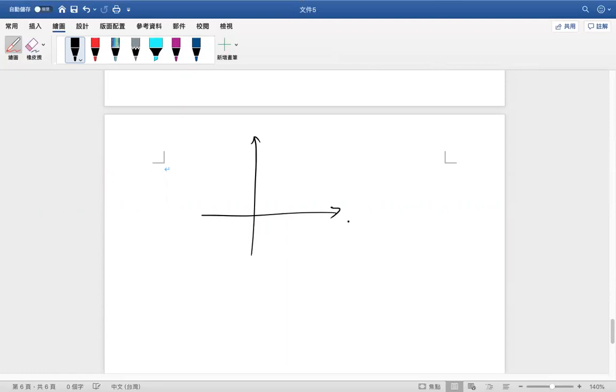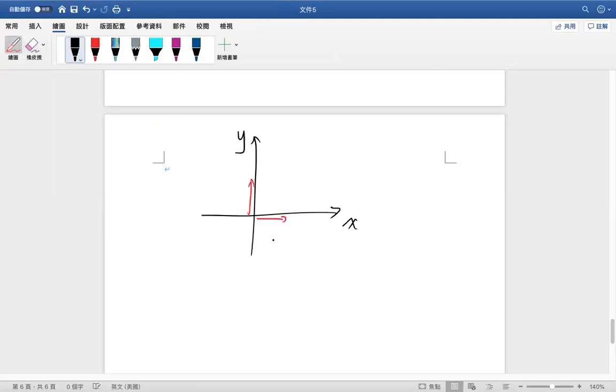Remember, a coordinate system is described by two axes, and given this system, we can define two special vectors, namely the vector pointing in the x direction and the vector pointing in the y direction.